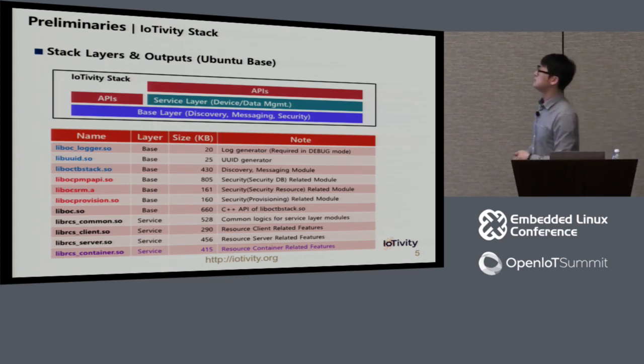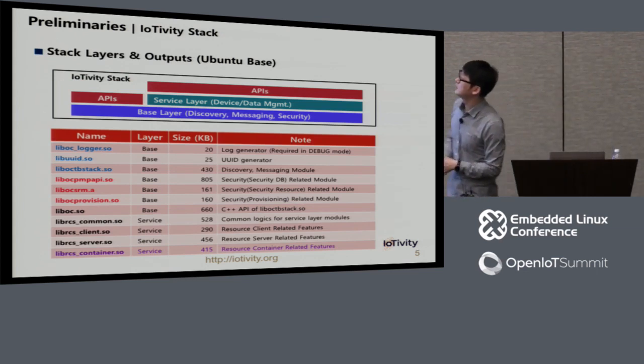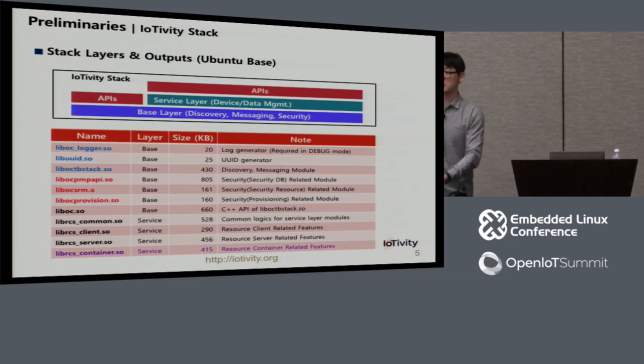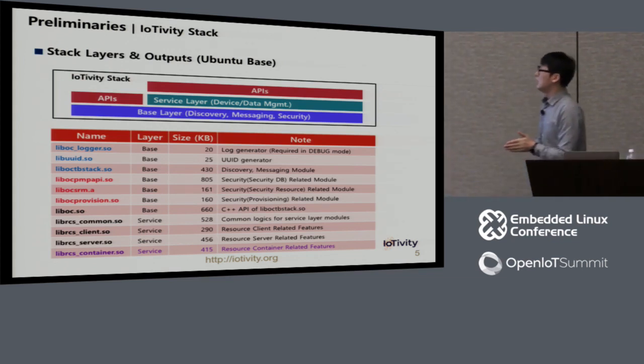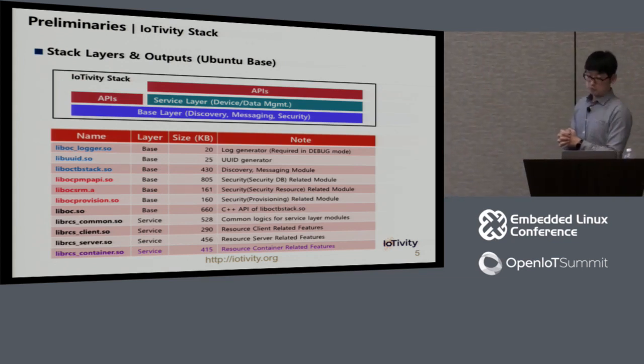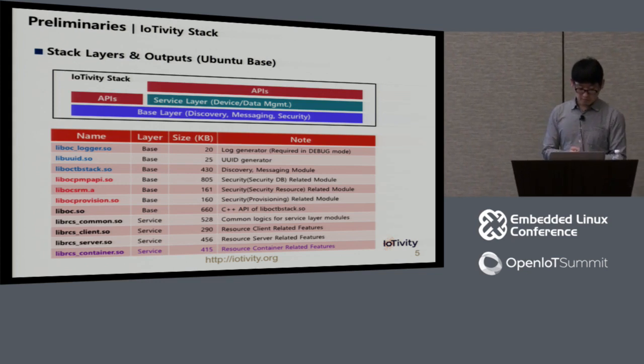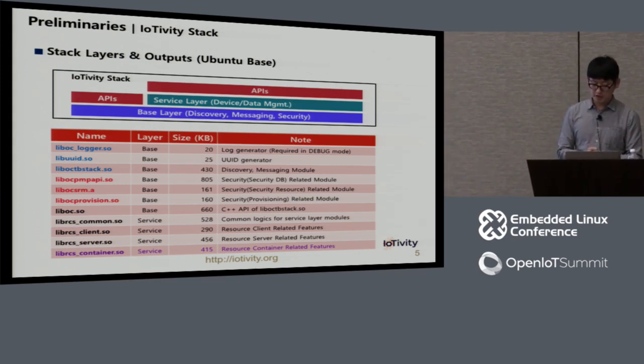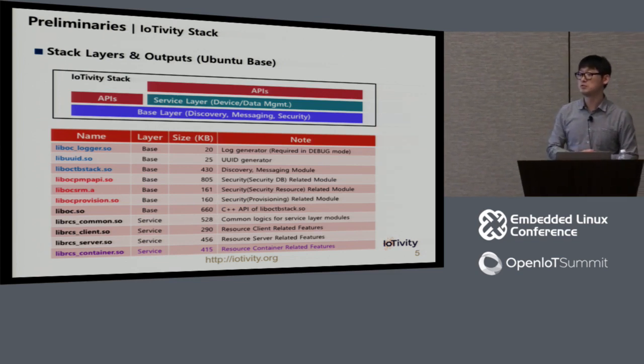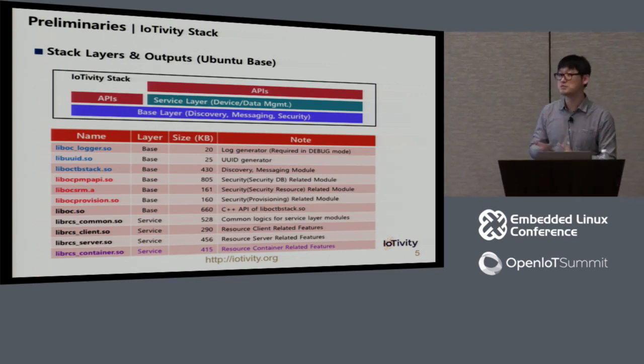Now this is a simple and brief design of the IoTivity stack. From the base layer, you have the connectivity abstraction feature and messaging, and the resource introspection functionality. In the previous session, he mentioned that IoTivity does not provide a resource introspection feature.